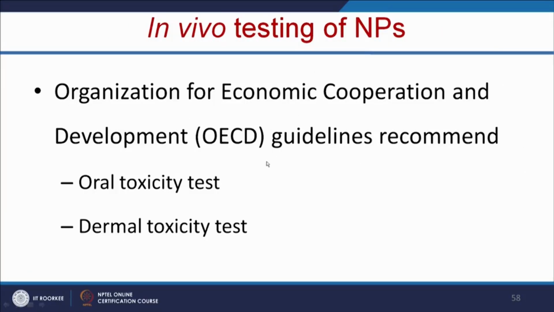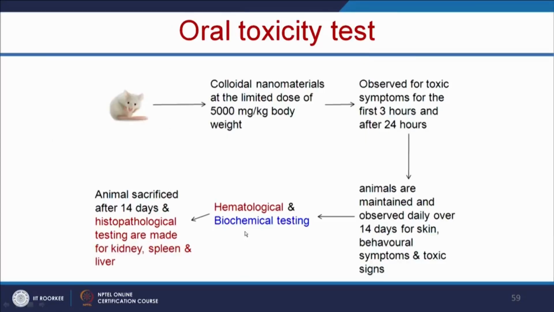And we can also use mouse or rat models for studying the toxicity of nanoparticles. So the Organization for Economic Cooperation and Development guidelines recommend an oral toxic test and a dermal toxic test to understand the toxicity of nanomaterials. So for the oral toxic test, colloidal nanomaterials at the limit dose of 5000 milligram per kilogram body weight could be given to the mouse, okay, and it can be observed for toxic symptoms for the first 3 hours and after 24 hours.